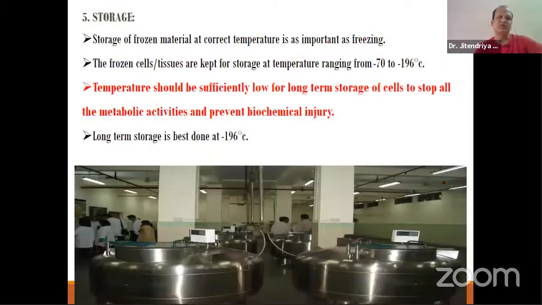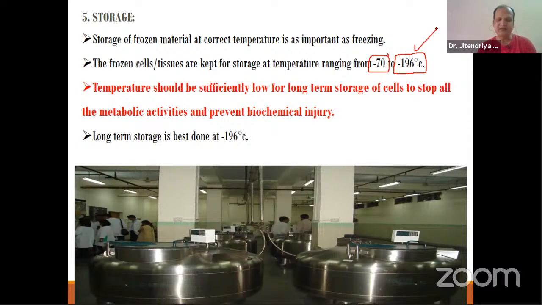Now come to the storage part. Once you perform all these things, it should be stored for a longer period. Okay, and this temperature must be maintained at minus 196 Celsius. At times, maybe the range may be minus 70 to minus 190. But in cryopreservation, the temperature is always around minus 196 degrees Celsius.